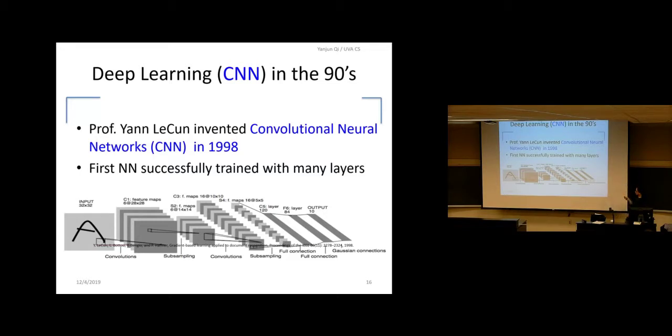And the reason they're popular now is because of the computer architecture, the GPU card, and big data, a big amount of data, which can now finally fully utilize the power of these pretty complicated but very powerful models.